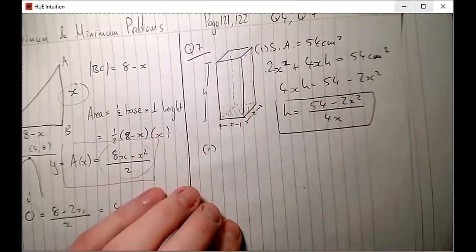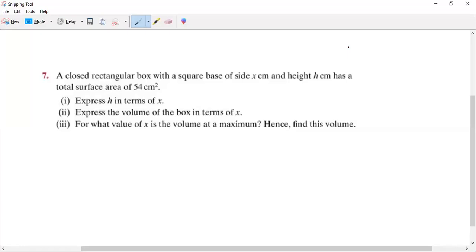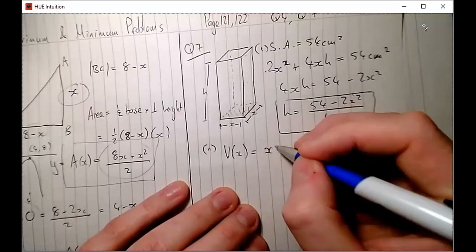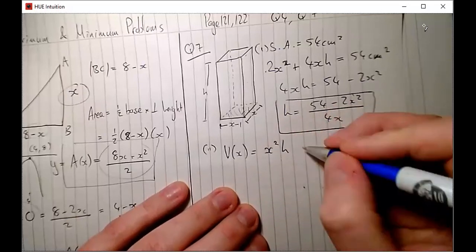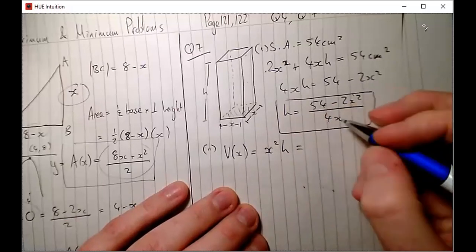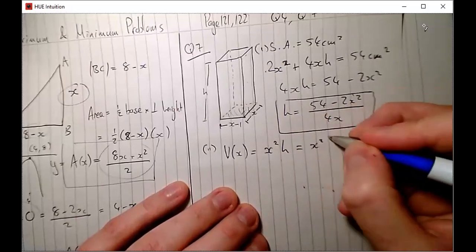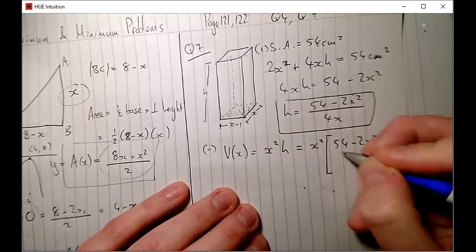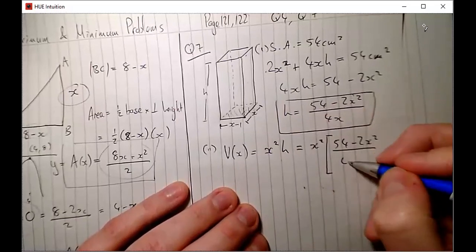Part 2 then asks us to express the volume of the box in terms of x. Well, volume is length by width by height. That's x by x by h, x squared h. And now with our new expression for h, it's x squared times 54 minus 2x squared over 4x.